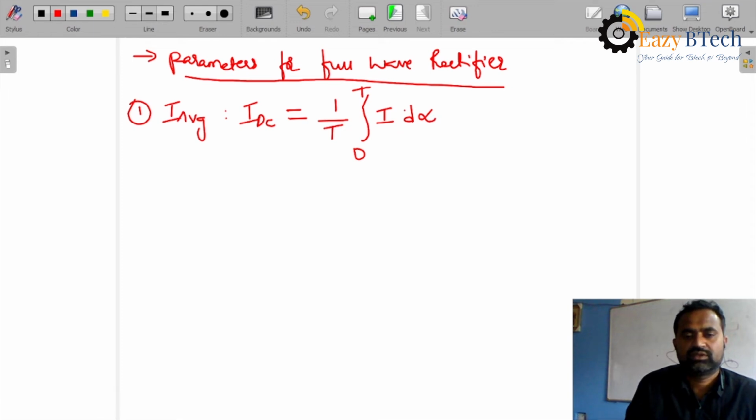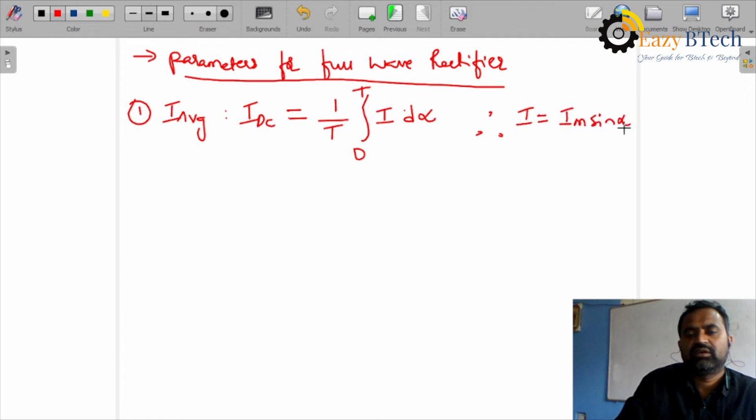Okay students, we know that the current through the diode I is equal to Im sin alpha, and the current between pi and 2 pi is minus Im sin alpha.